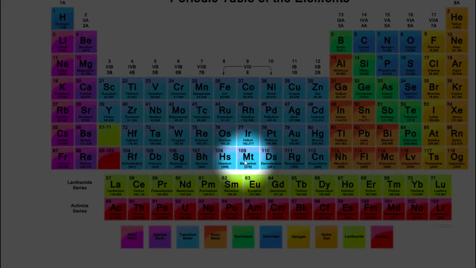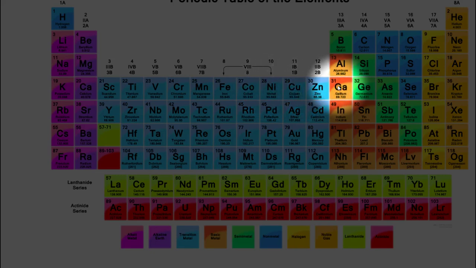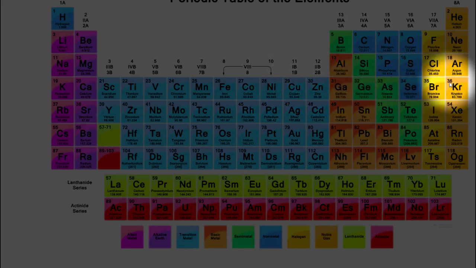So nickel is number 28, and after the calculation we found out that we got 36, which is actually krypton, and krypton is a noble gas. That means that complex satisfied the effective atomic number rule.